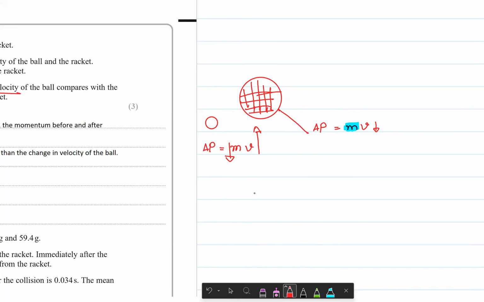In a sense, the momentum of the ball and the momentum of the racket are trying to keep up with one another. For the racket, in mv, the velocity can be less since the mass is very high. But for the ball, the velocity needs to be very high to equal the momentum of the racket.